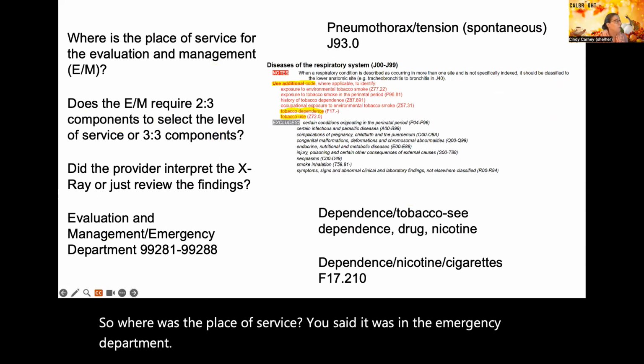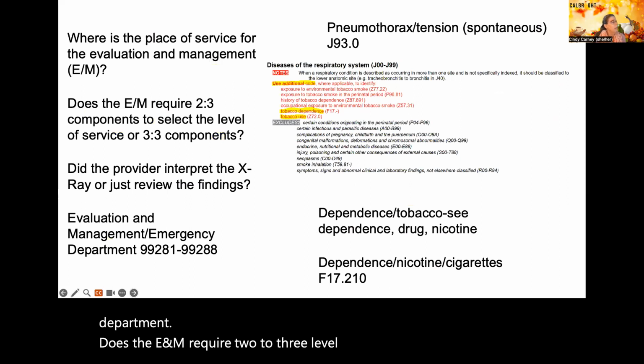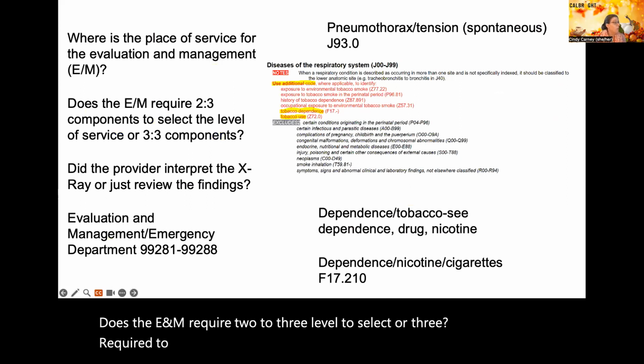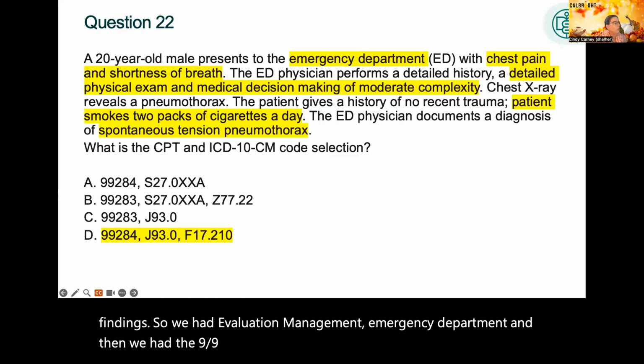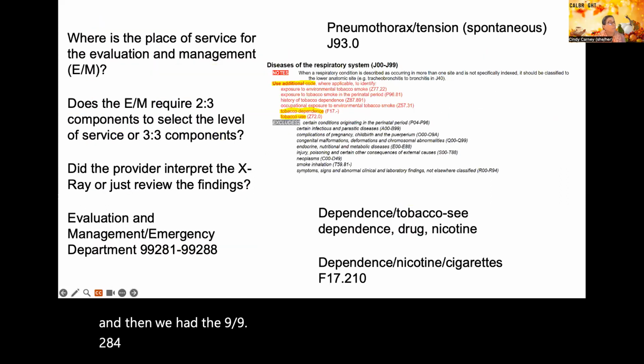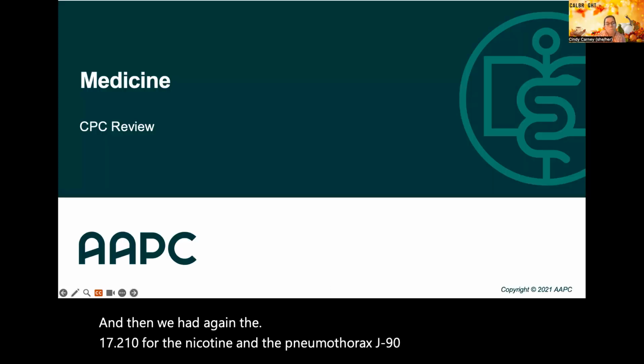Does the E&M require 2 or 3 levels to select? Required 2. And did the provider interpret the x-ray or just review the findings? So we had evaluation management, emergency department, and then we had the 99284. And then we had again the F17.210 for the nicotine, and the pneumothorax J93.0.